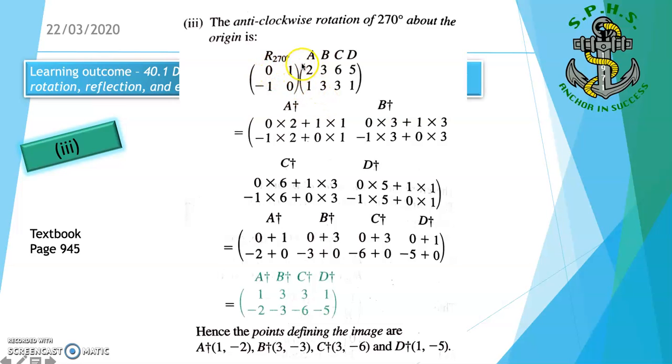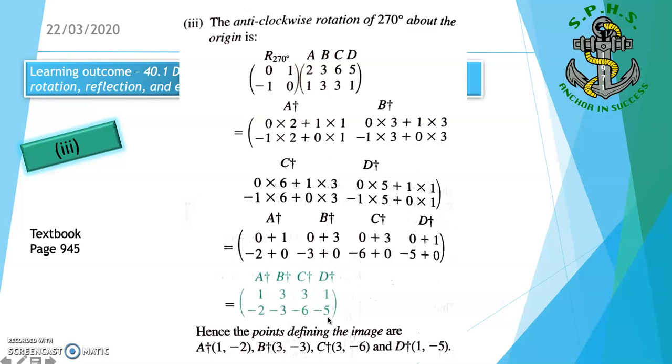Again, I perform my matrix multiplication across and down for each point. I get my ordered pairs: (1, -2), (3, -3), (3, -6), (1, -5).